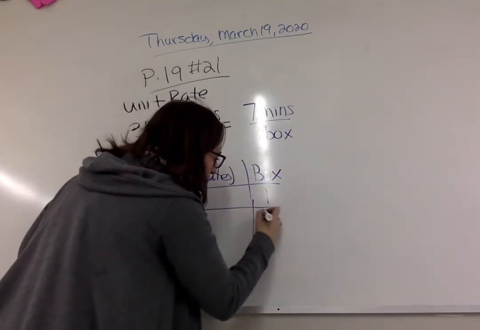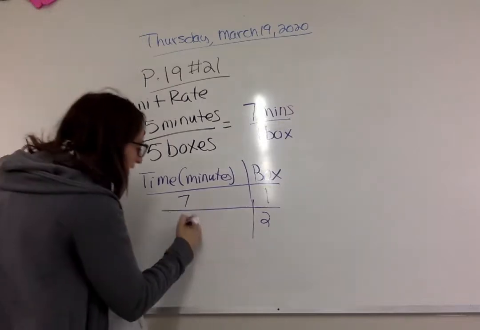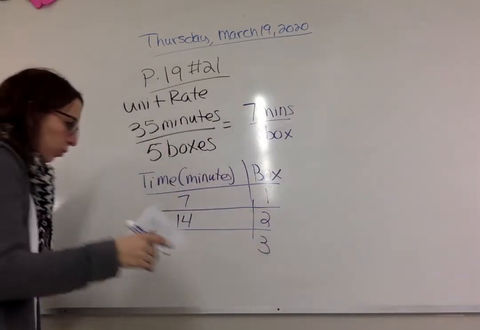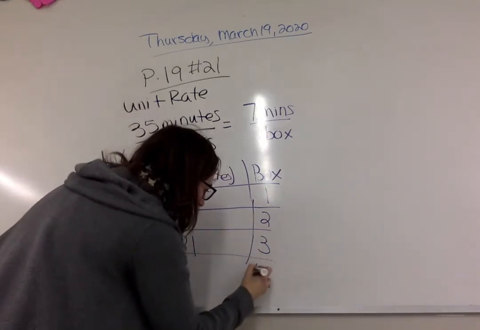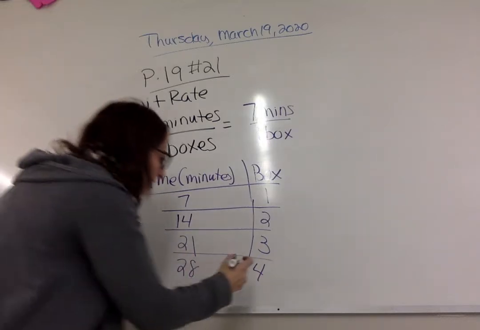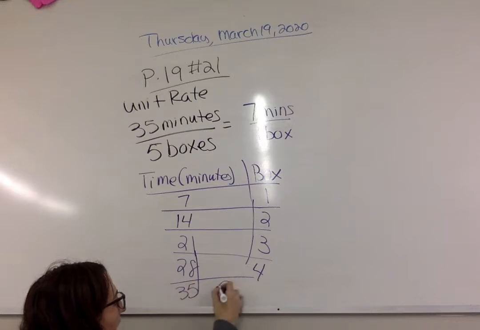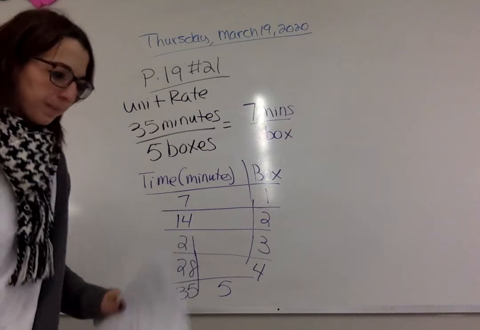And if I have 2 boxes, I'm going to double that, or multiply by my unit rate of 7, to get 14. 3 boxes would give me 21 minutes to fill. 4 boxes would give me 28. And 5 boxes is going to give me 35 minutes. So that is how you would do page 19.